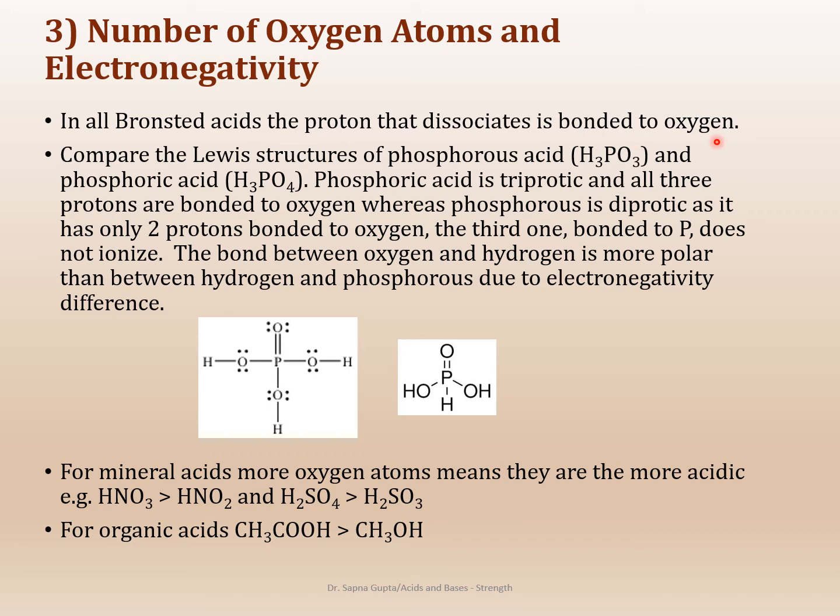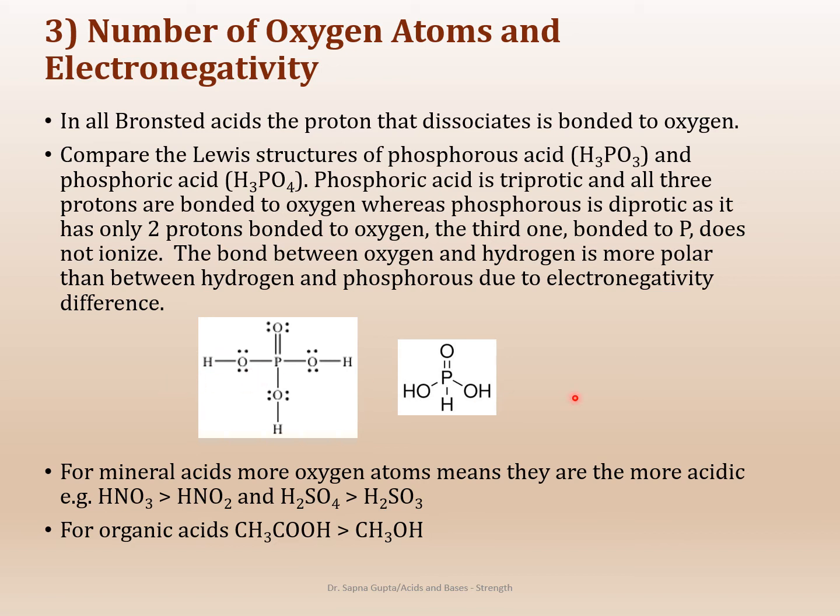The oxygen-hydrogen bond is a very polar bond, and because of that reason, the hydrogen that is attached to the oxygen is the one that's going to ionize. If you look at the Lewis structure of any acid, like phosphoric acid, sulfuric acid, hypochlorous acid, all of those, you will see that the hydrogen that is dissociating is attached to oxygen.